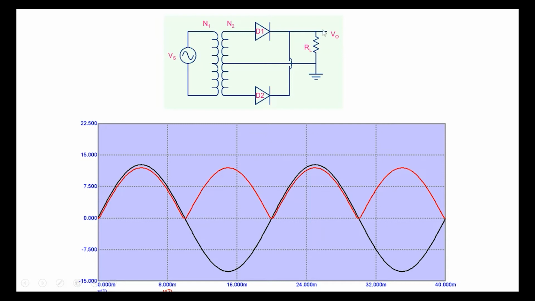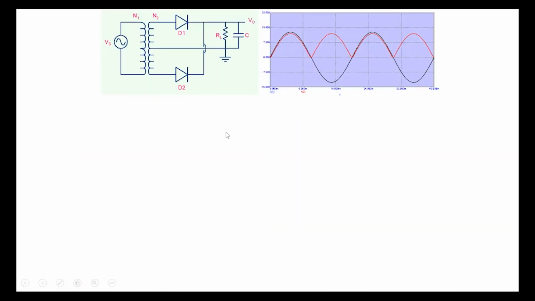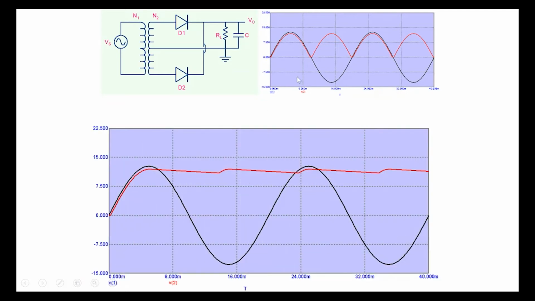So V0 is basically following the value between these two nodes here, except for the diode drop. And in the negative cycle, D2 is conducting and something similar is happening here. Now one of the advantages of full wave rectification is with respect to the ripple that we talked about.